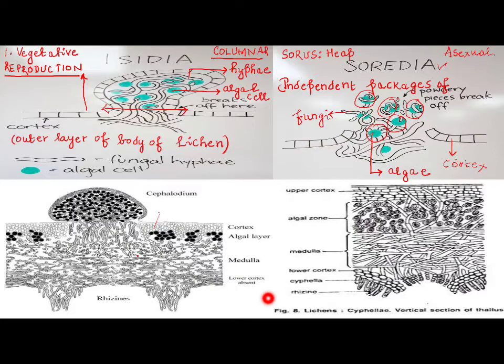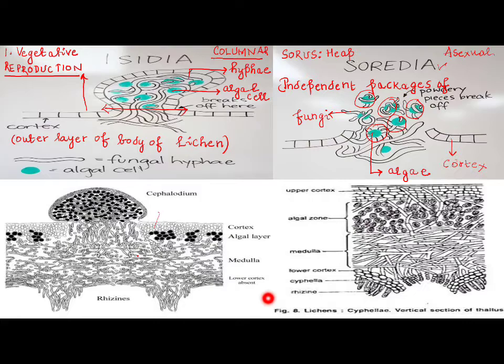So when we listen to the word Isidium, when we listen to the word Soredium, the first thing which should come to your mind is reproduction in lichens. Asexual, vegetative or sexual. So Isidium is a vegetative reproductive structure, a columnar swelling covered by cortex which has algal cells and fungal hyphae packed up.